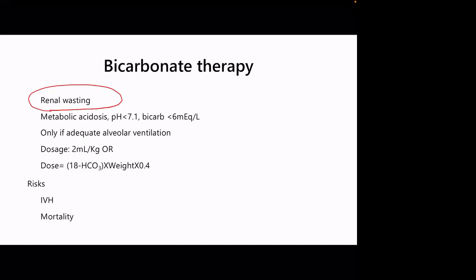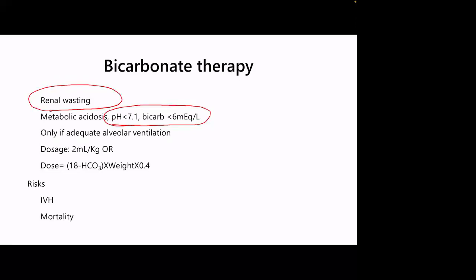You have to give fluid bolus and you have to give inotropes, and if still the acidosis is not improving and the pH is going below 7.1 and bicarb is less than 6, that is the time when you can give bicarbonate. So the patient should be on inotropes, the pH should be less than 7.1 and bicarbonate less than 6.